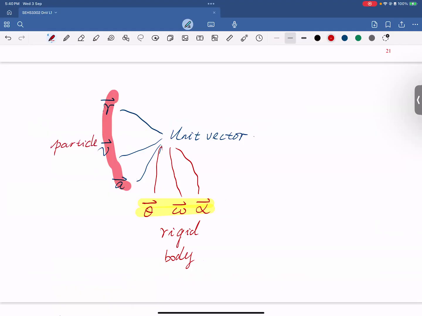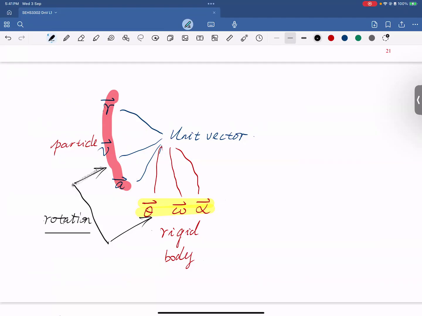But for rigid body, we did not study or learn it yet, right? And how to link them up is the motion of a rigid body, right? The rotation and translation theory. And mainly it is about rotation, because translation is simple and you can know that later.